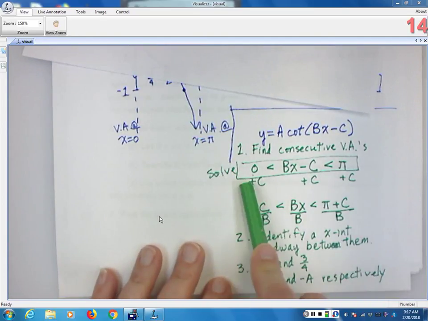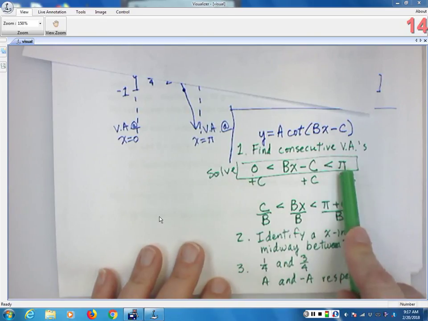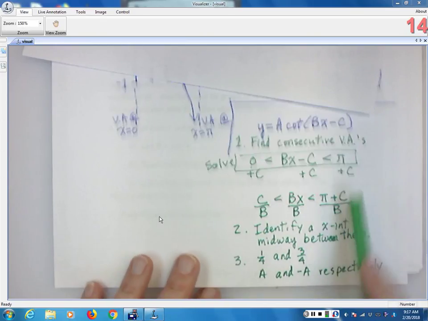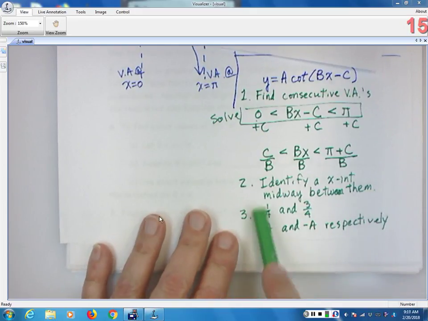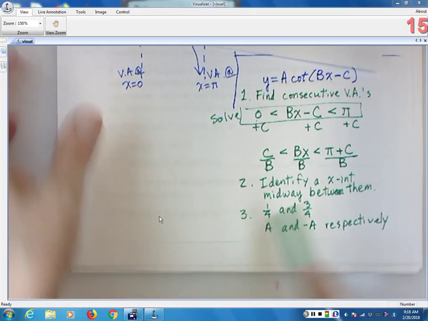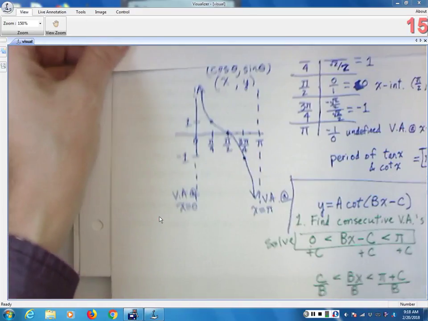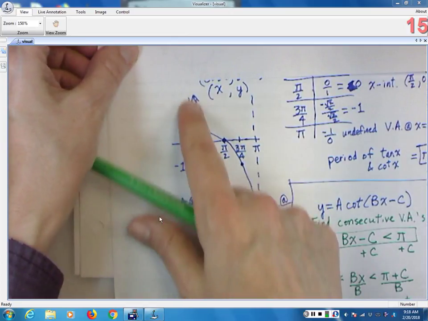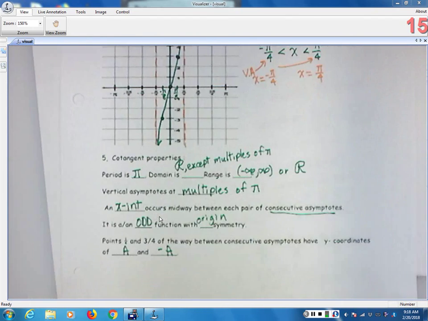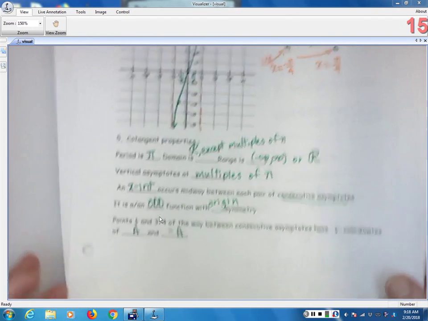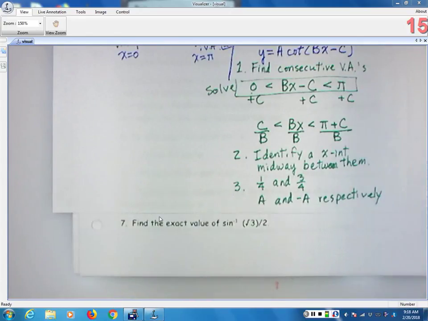Instead of minus pi over 2, you're using 0 and pi, and then you identify an x-intercept midway between them, and it's going the opposite way. Here cotangent is going this way, and tangent's going this way. All right, so that's cotangent, and we went through all of how to graph tangent.